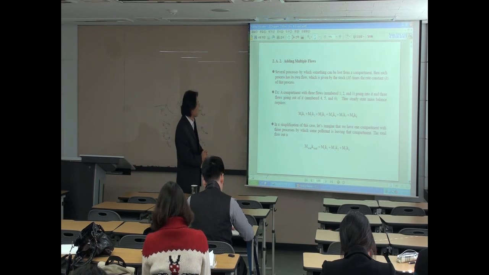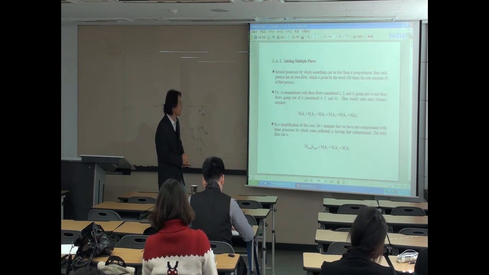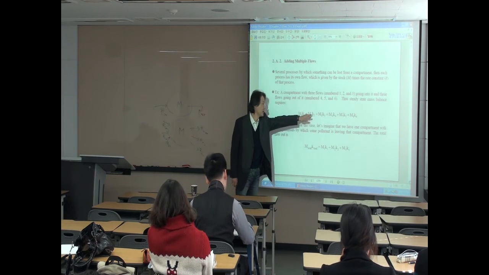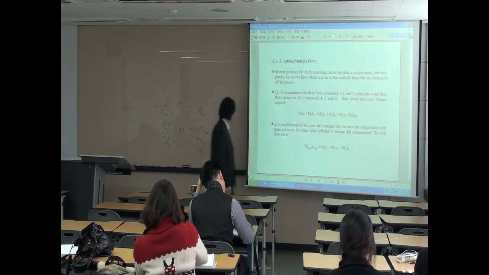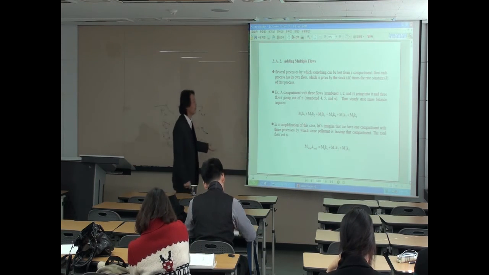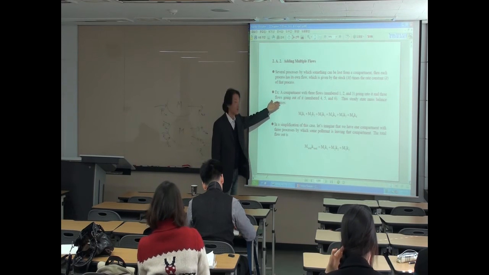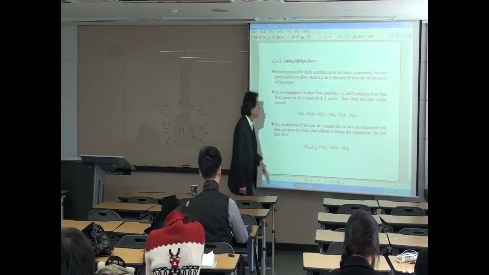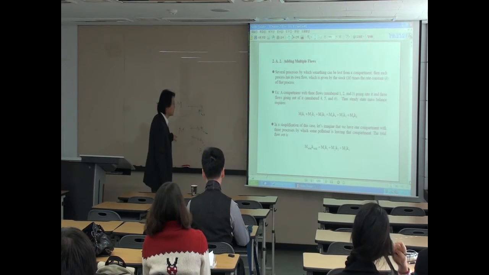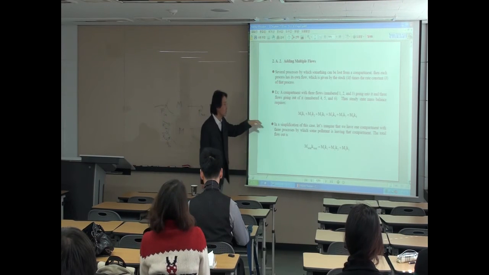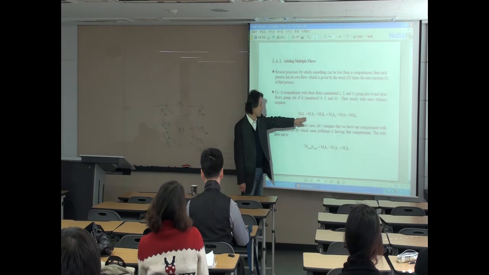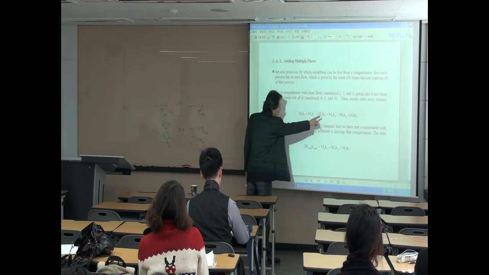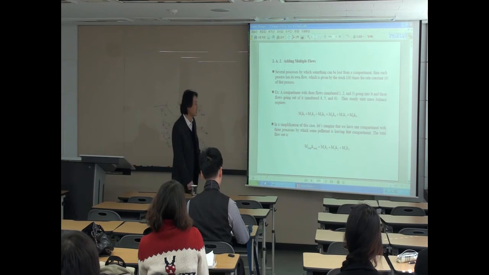If we set up the mass balance simply, a compartment with three flows, F1, F2, F3, going in, and three flows going out, F4, F5, F6. So we can do a steady-state mass balance here using flow. M1 K1 plus M2 K2 plus M3 K3 equals M4 K4 plus through M6 K6.